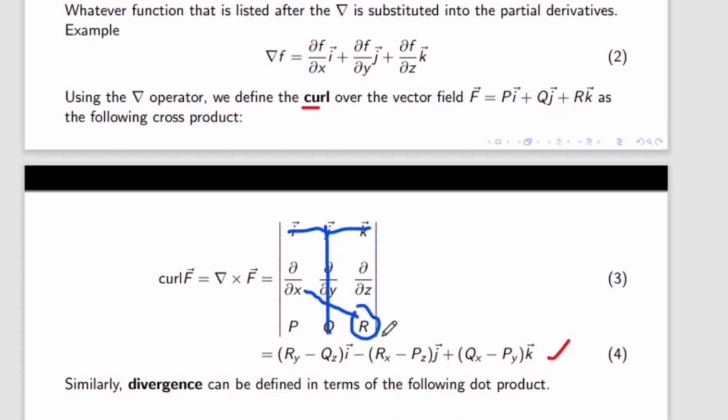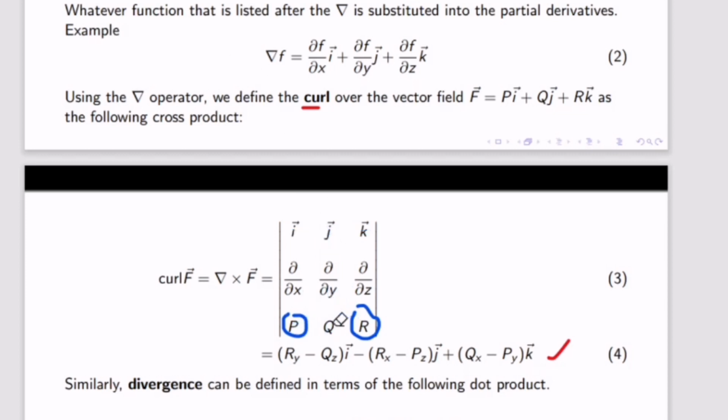So you take r, partially differentiate with respect to x, and you take p, partially differentiate with respect to z. Then plus, because it is minus plus here. Very simple as that. You cross it like this, take the function here, partially differentiate with respect to x, and take the function here, partially differentiate with respect to z, the other way around.